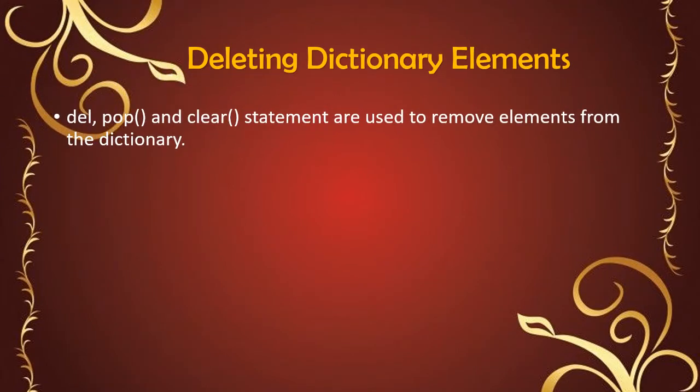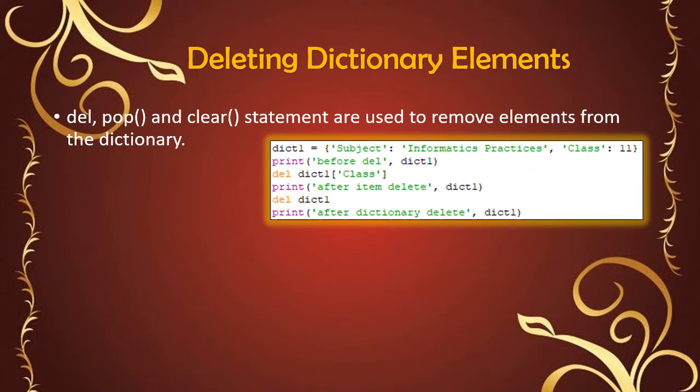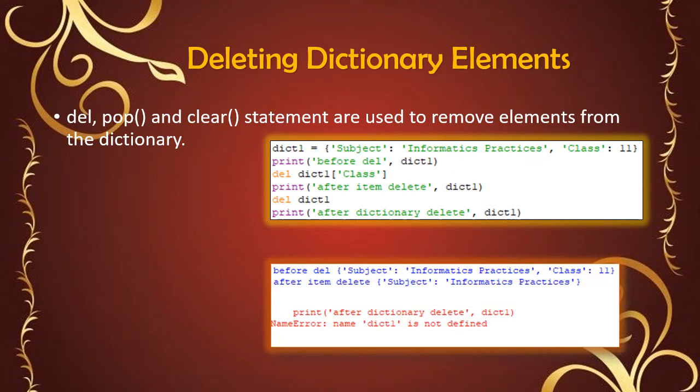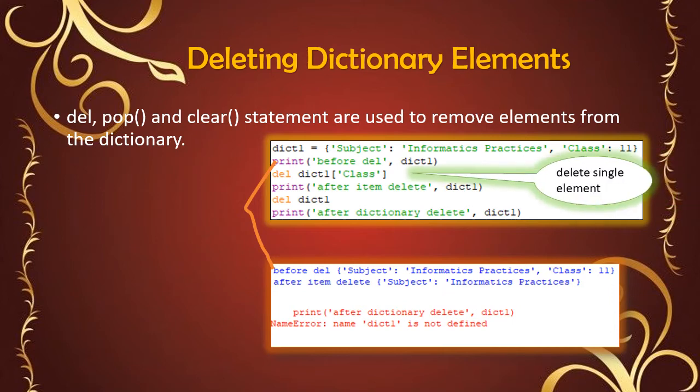And using the del, pop and clear statements we can remove elements from the dictionary. Here, first I explain the del function. See, first dictionary1 is created, and before deletion it is displayed: subject informatics practices, class 11. Next, del dictionary1 of class means it deletes only the class element alone.